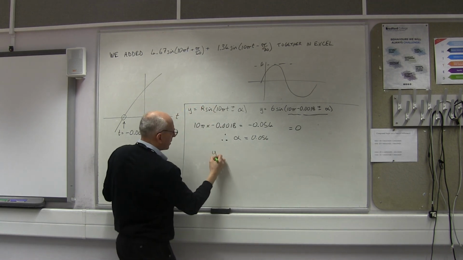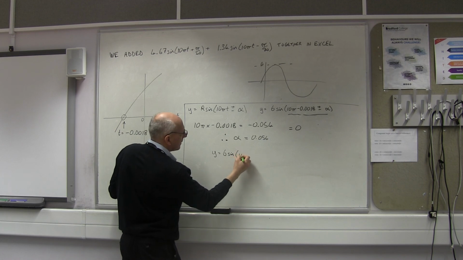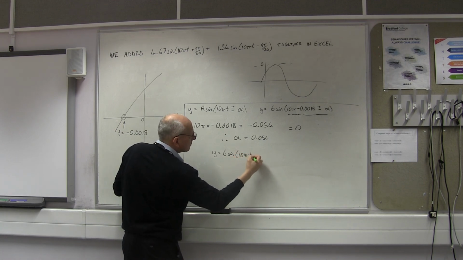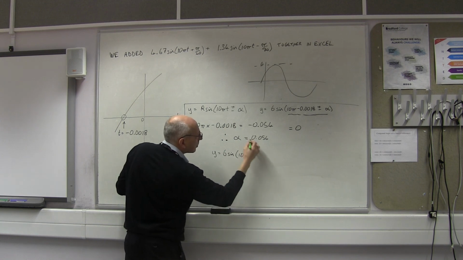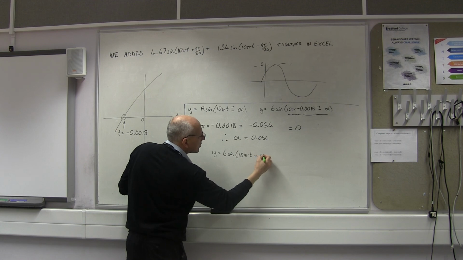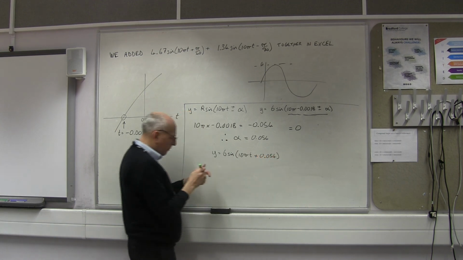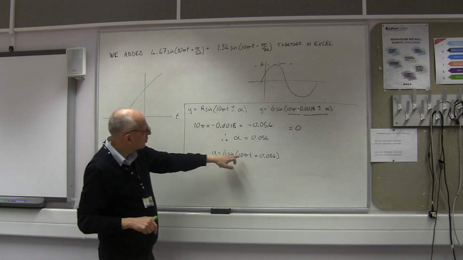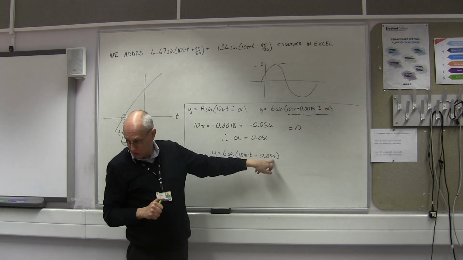My final formula is this: 6 sine 10 pi t, and then a phase angle of plus 0.054. Now if you remember from the formula, we got slightly over 6 for the amplitude, and we got 0.051 for this.